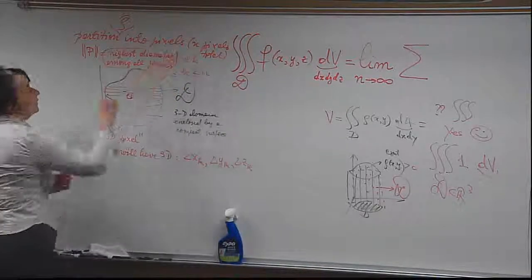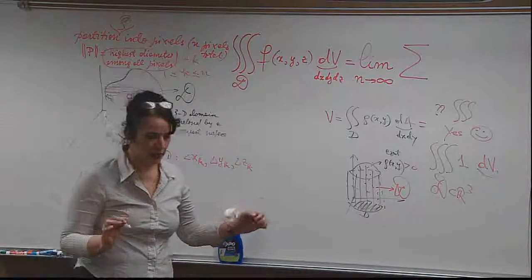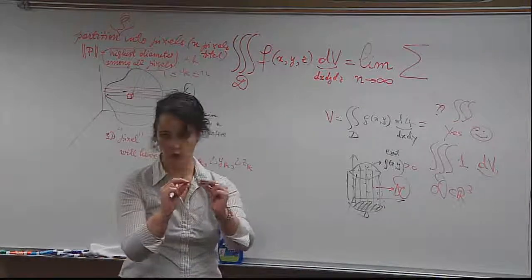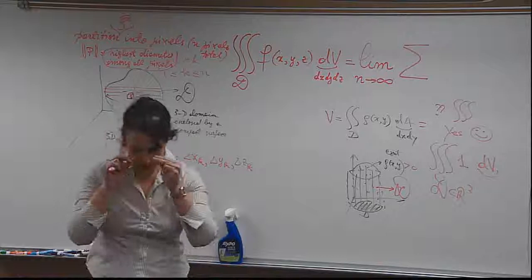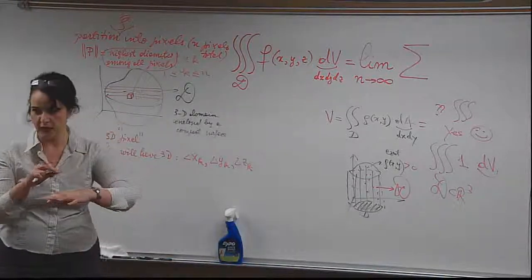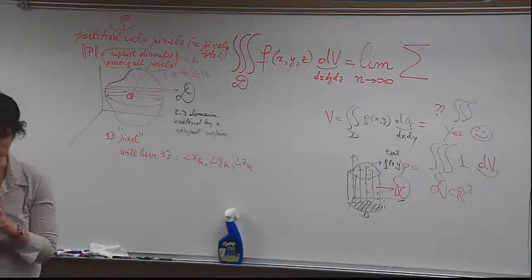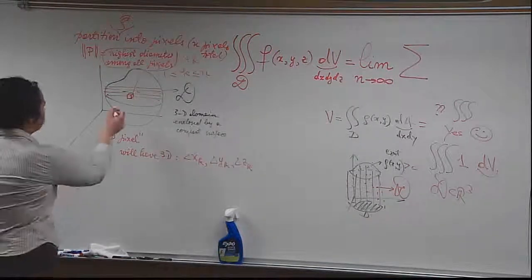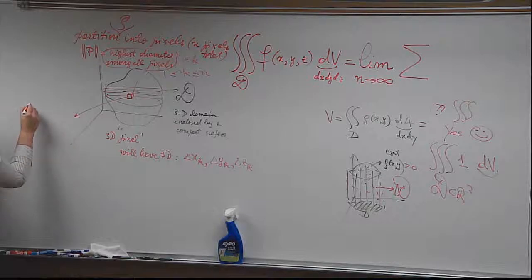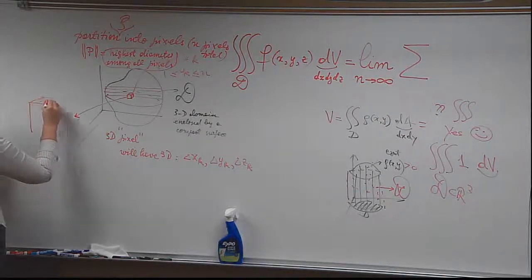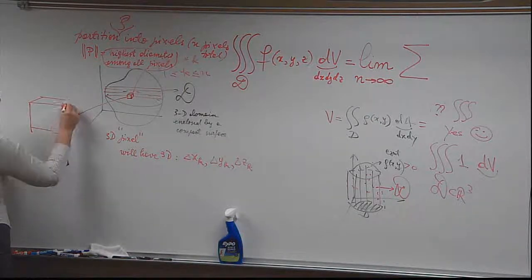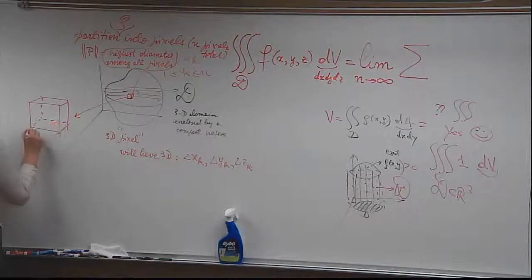And you're going to say, oh, okay, what the heck, I don't understand it. I have these three-dimensional cubes or three-dimensional parallelepipeds that get tinier and tinier and tinier. What in the world is going to be the diameter of such a pixel? Well, you have to take this pixel and magnify it so we can look at it a little bit better. What do we mean by diameter of this pixel?